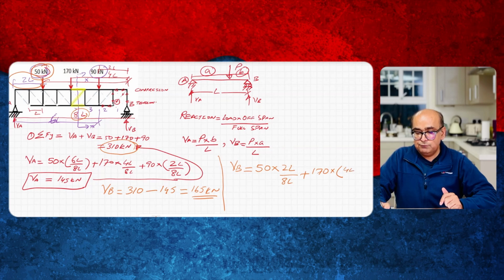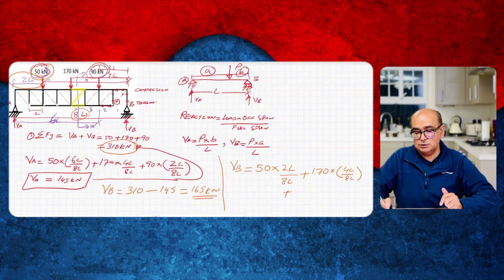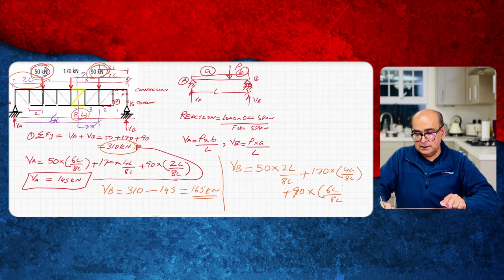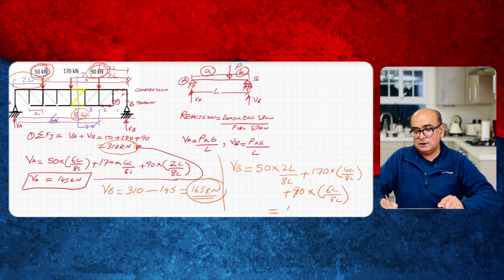So I will say 4L divided by 8L, plus finally I have 90 kilonewton times off span 6L divided by 8L. If you simplify this, you will get the same answer, 165 here as well. So in both ways, you are able to find reactions.